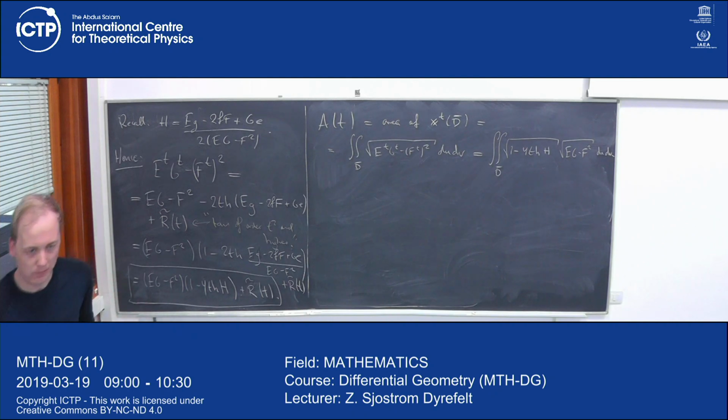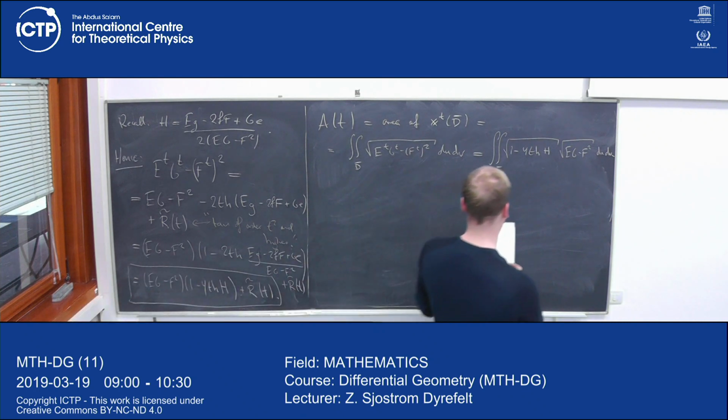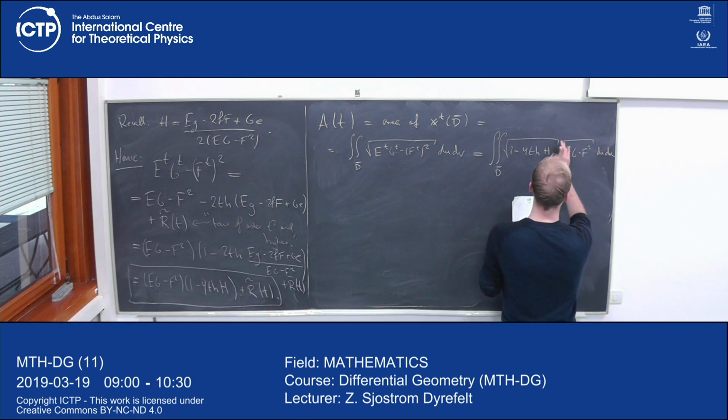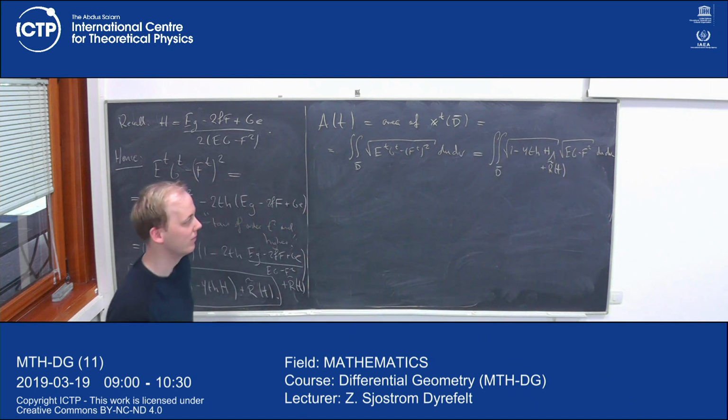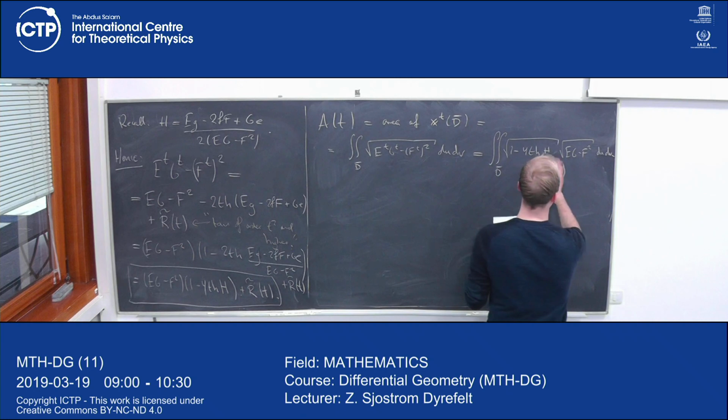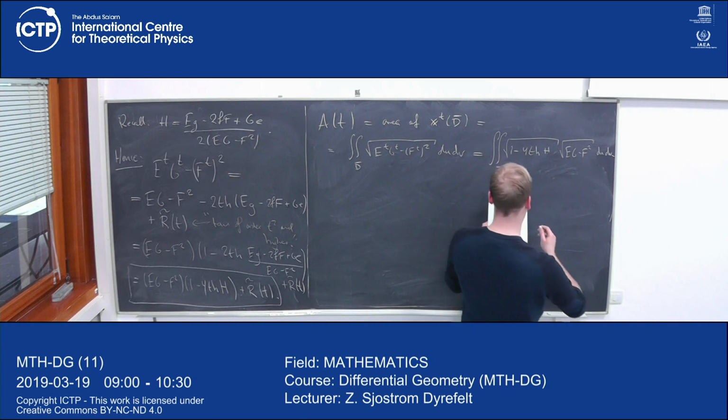Clear because we have r tilde. Yes, we have r tilde still. That is true. Thank you. Okay, so plus. We can't distribute the square root because we have a sum.